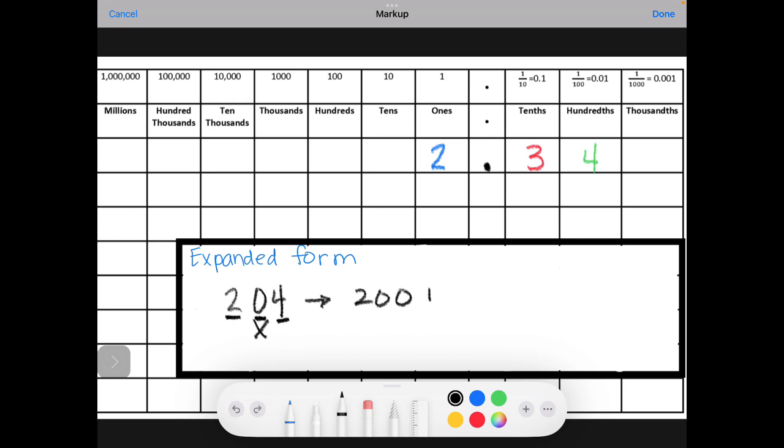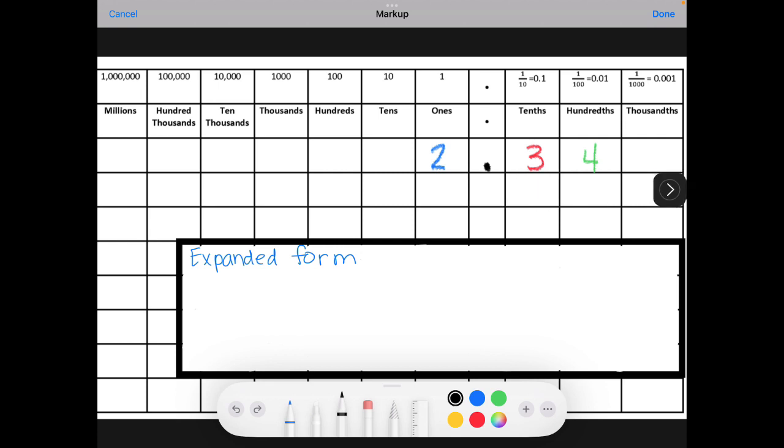Okay, so let's apply what we've done in the past to what we are doing here in fifth grade. So look at this number, 2 and 34 hundredths. I put this in the place value chart because this can really help us write this. So when I'm thinking about my largest place value here, it's my 2. It's in my ones place.